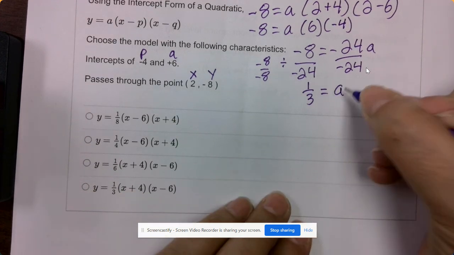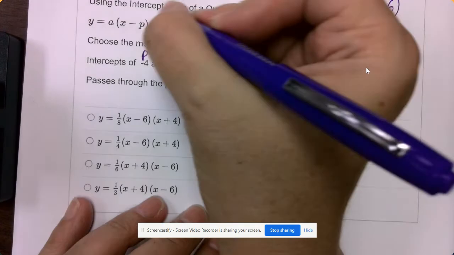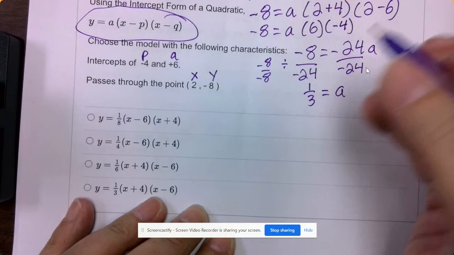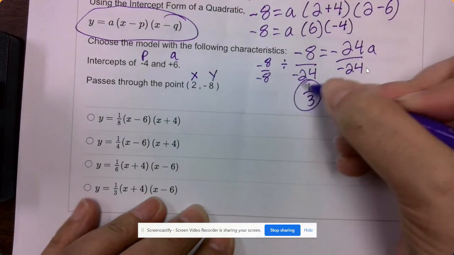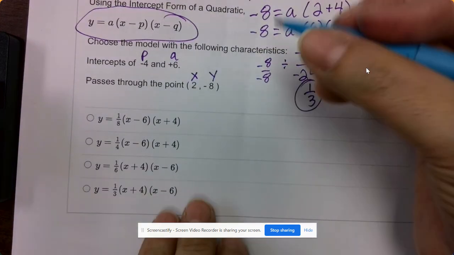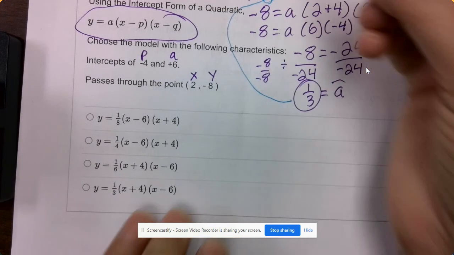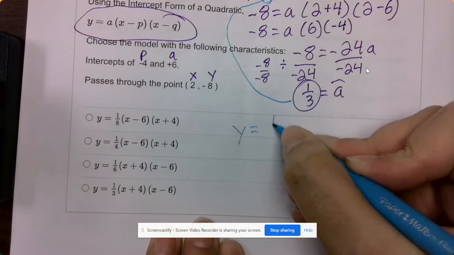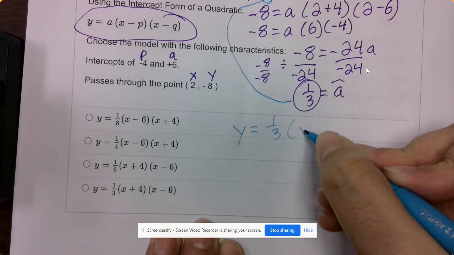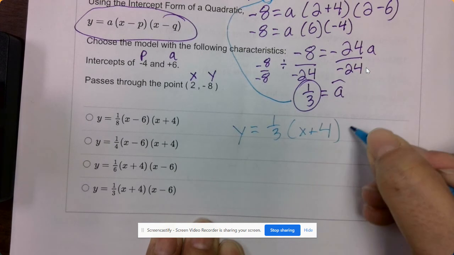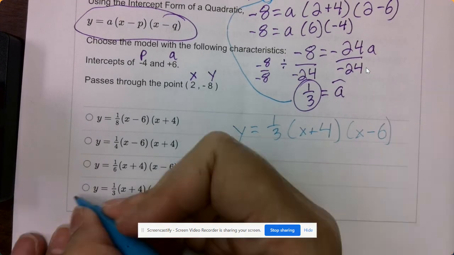Okay, then we're going to substitute it back into this formula, everybody. So we substitute a, the 1/3, all the way back into a up here. Okay, so we'd have y is equal to 1/3 (x plus 4)(x minus 6), and it would be this one, everybody.